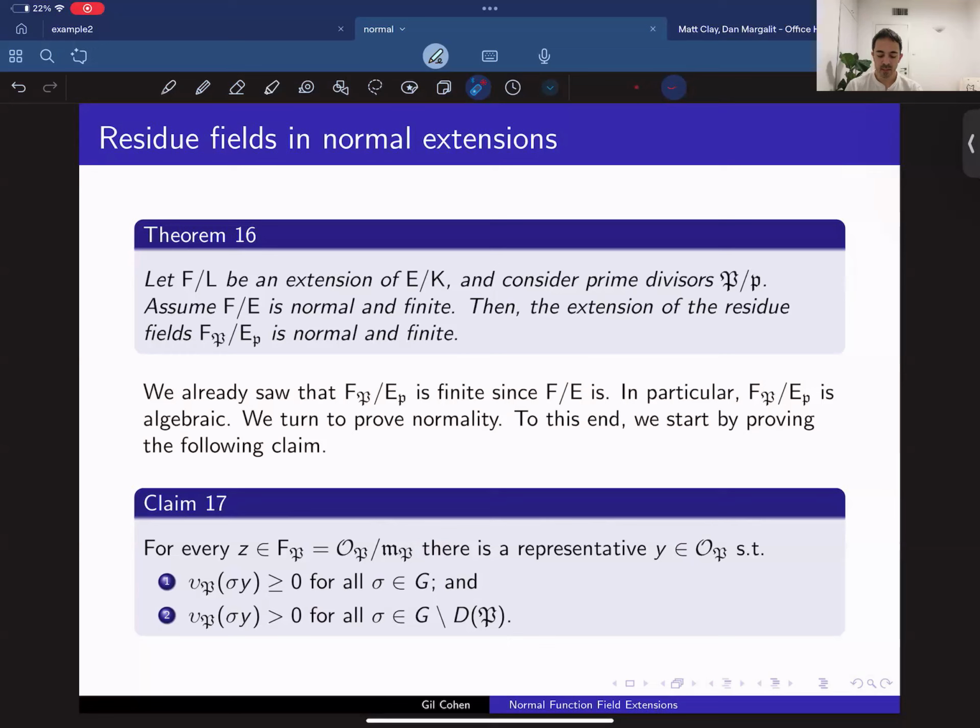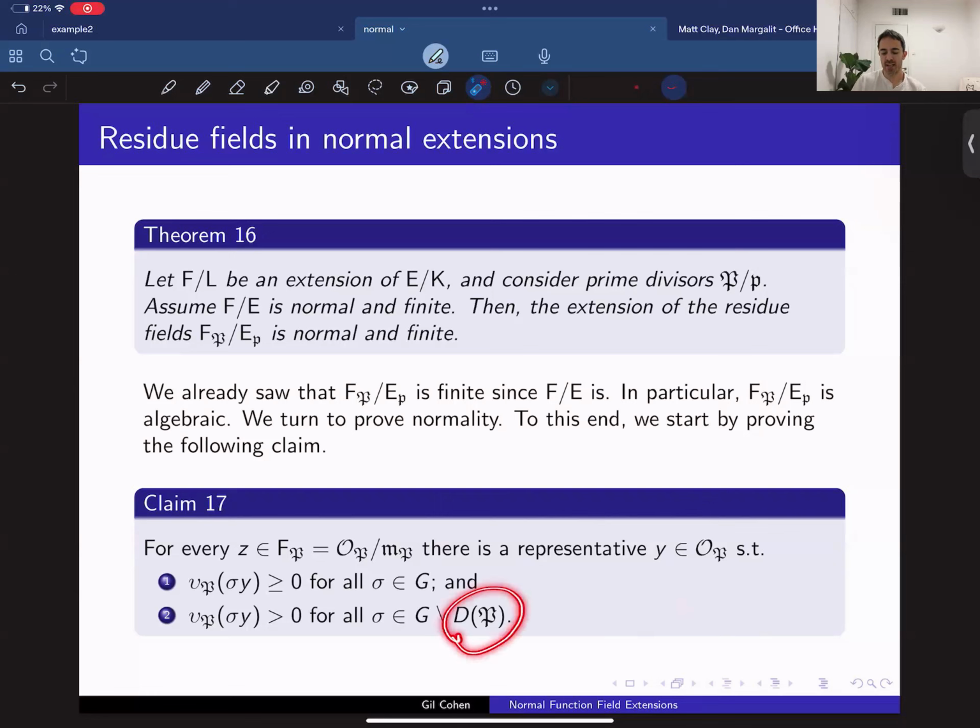So, I don't know what Z is. If Z is not in m_P, like it's not zero in this residue field, then I can't have a representative whose valuation is larger than zero, because for the identity, for example, when sigma is the identity element, I'll just get v_P of y and it's Z, and I don't know if Z is in m_P or not, so I can't require it to be in m_P.